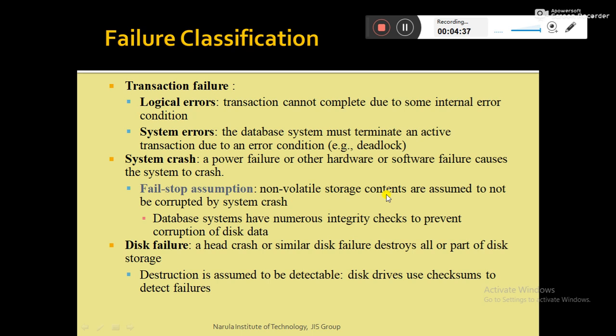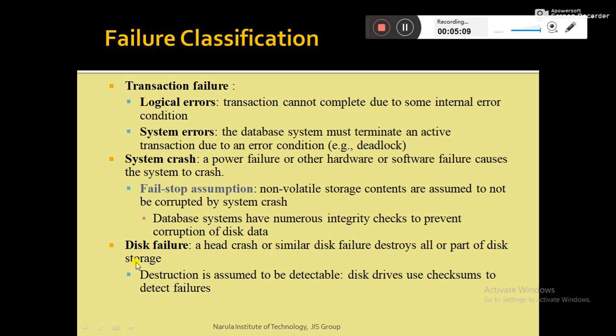But the data items stored in volatile storage like RAM are going to suffer, meaning all the data items are going to be deleted or affected by the system crash, though the database system has numerous integrity checks to prevent corruption of disk data.